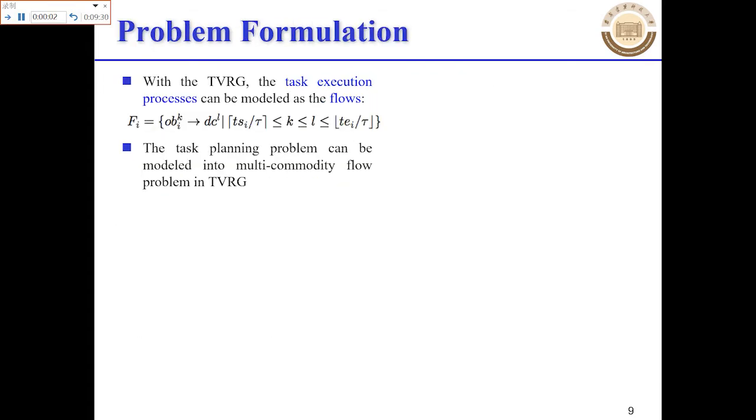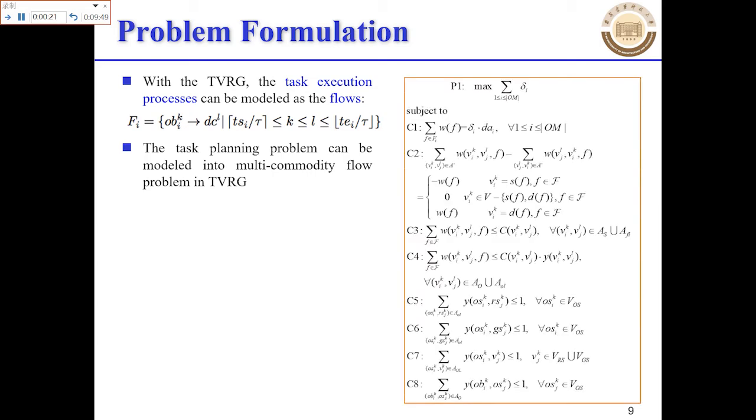With the TVRG, the task execution process can be modeled as follows. Moreover, the task planning problem can be modeled as a multi-commodity flow problem in TVRG, which can be formulated into an optimization problem.